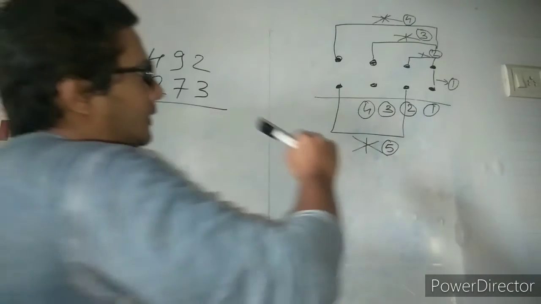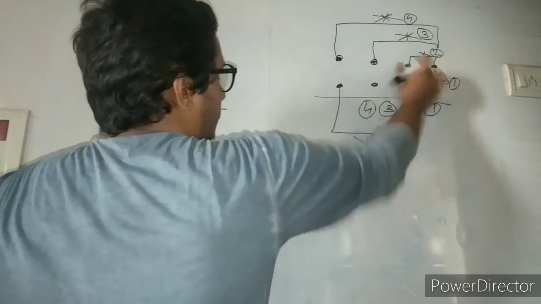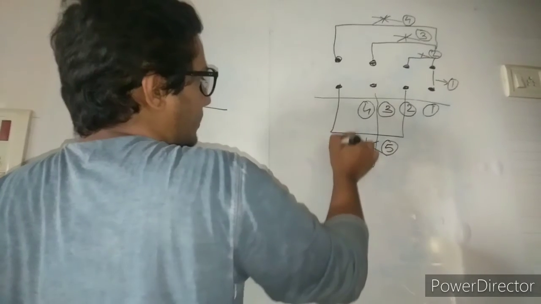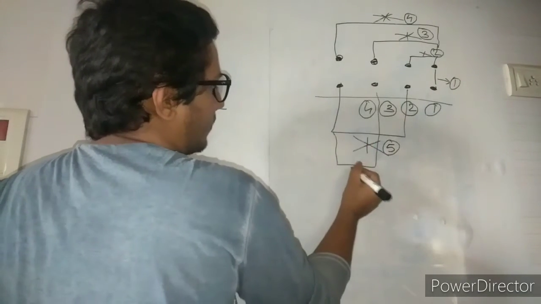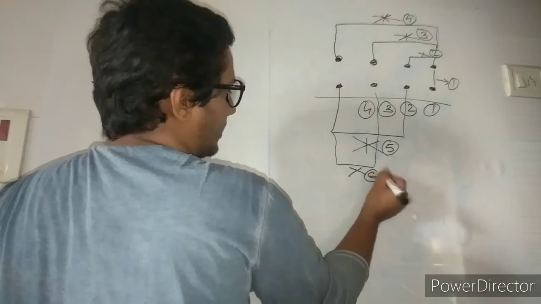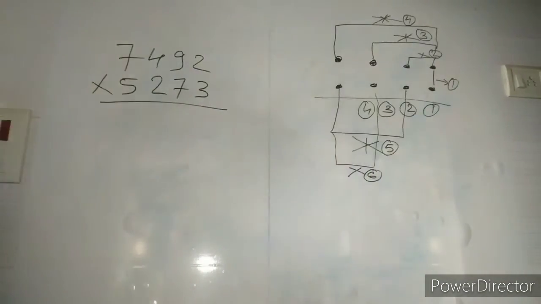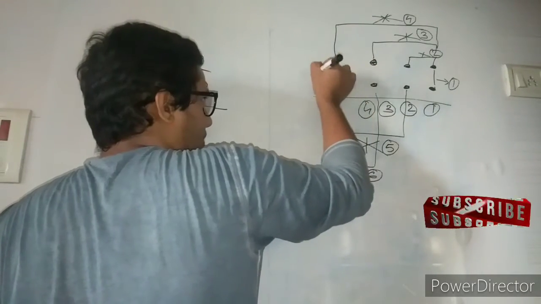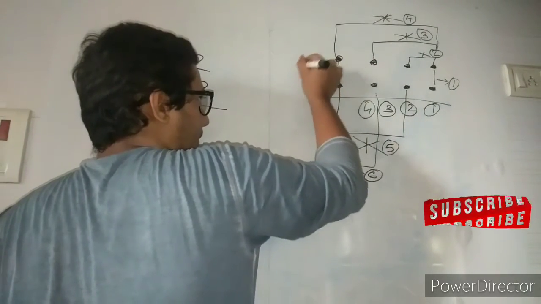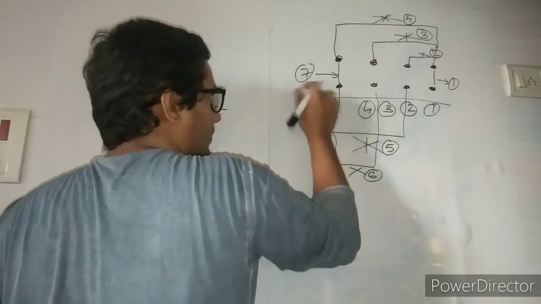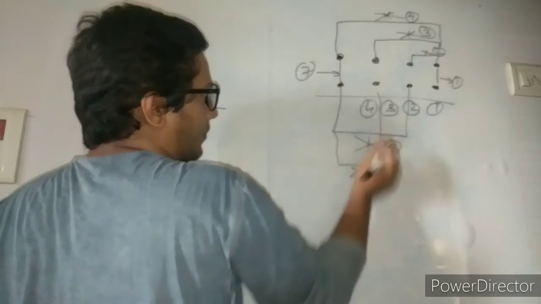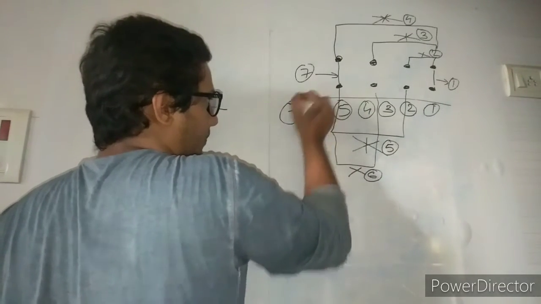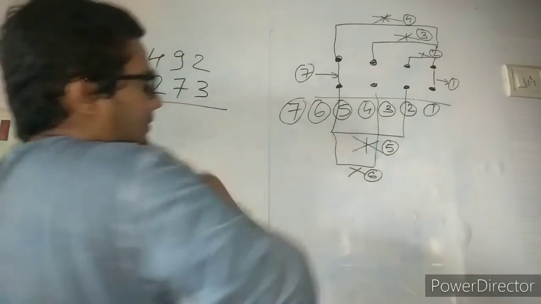Sixth step, same as step 4, but you calculate these two numbers, cross multiplication. This is your sixth step. Seventh and last step, these two numbers calculation and add. This is your 7th step. So after the 4th step, the 5th step, 6th step, and last 7th step, you will get the answer.